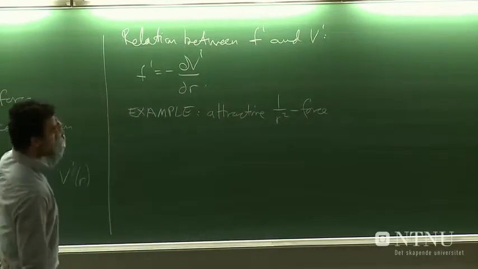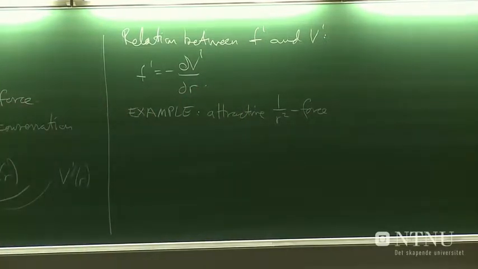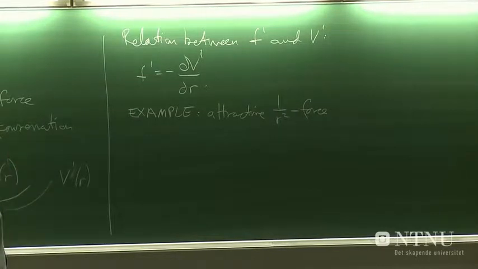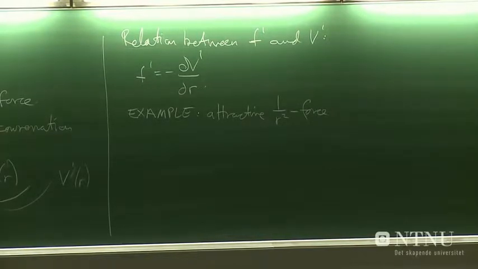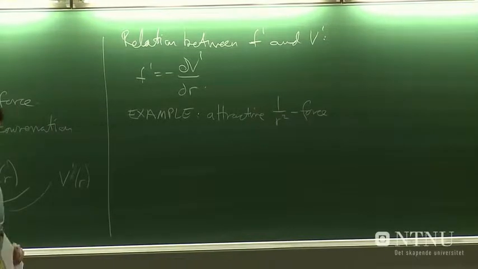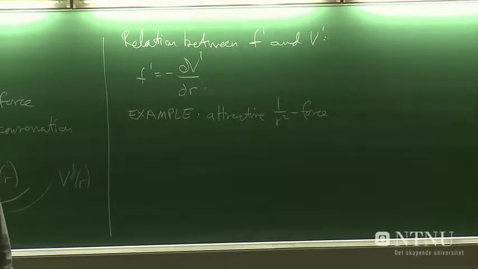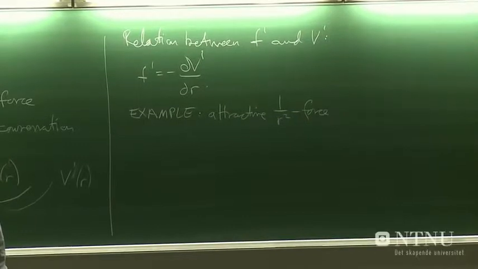And the example we'll consider is an attractive force which goes as 1 over r squared. And we're considering an attractive one because otherwise the resulting motion will be pretty trivial. Then you would have two repulsive forces and the particle would just escape.